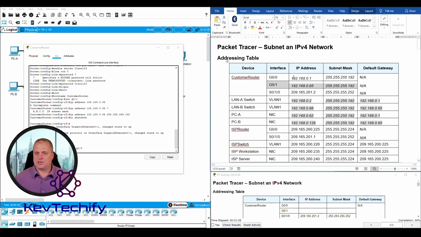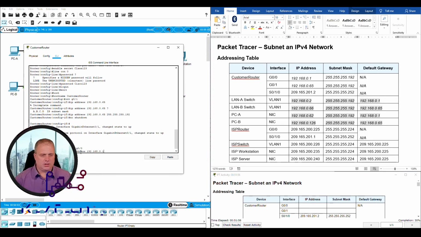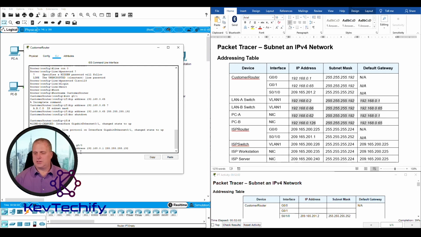Our G0/0 interface has this IP address, 192.168.0.1, and the subnet mask of 255.255.255.192. There it is. Notice we are up to completion 39%.